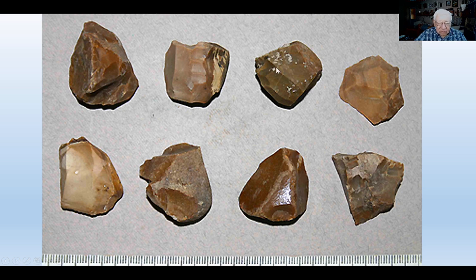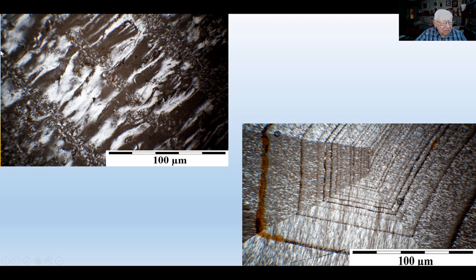There are cores with traces of knapping and production of implements. Under the microscope, these agate cores look like this. They are composed of chalcedony, but of another type, as they look under the mineralogical microscope.